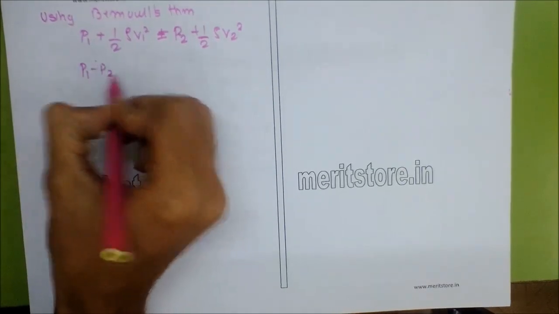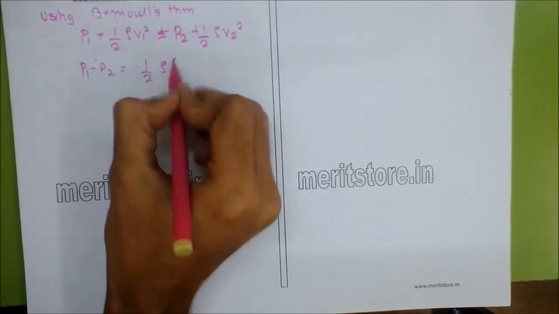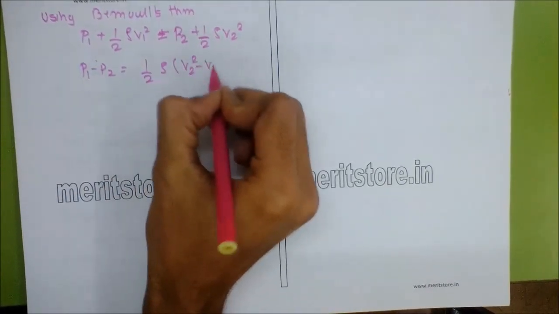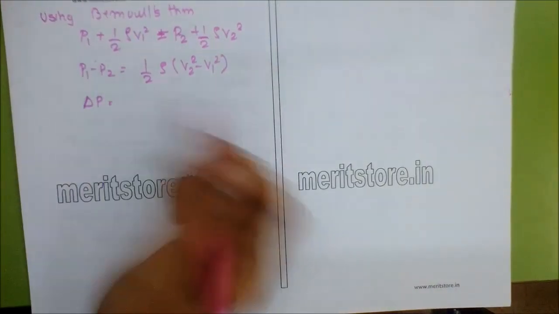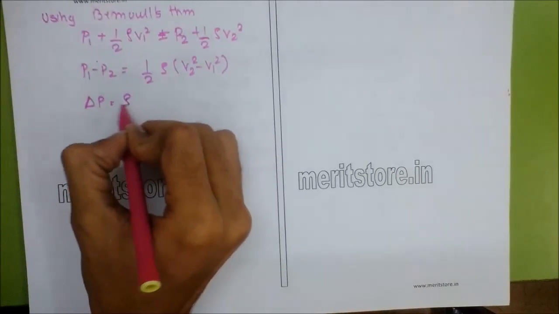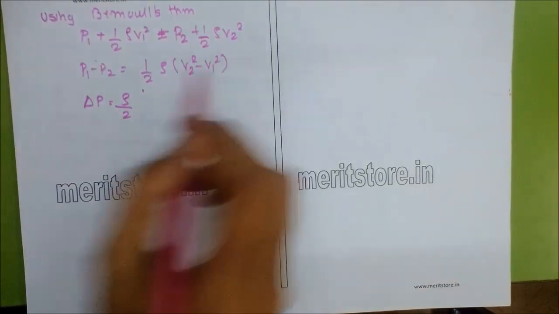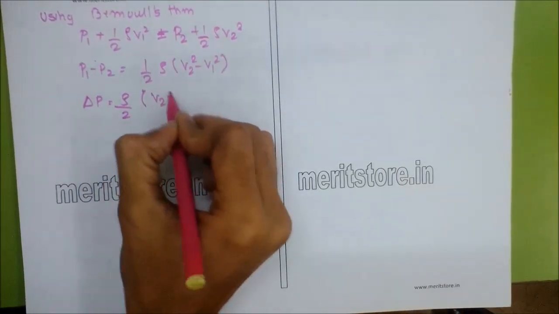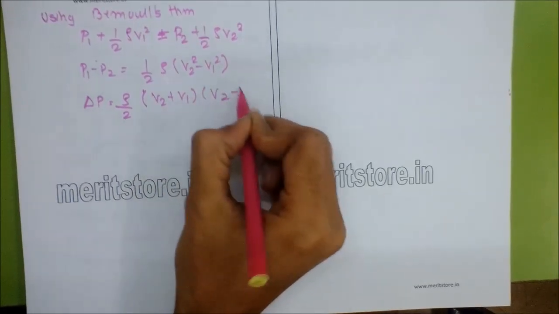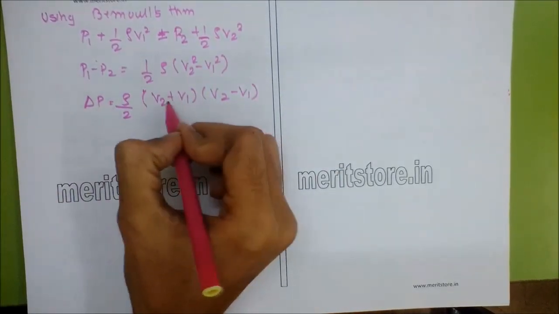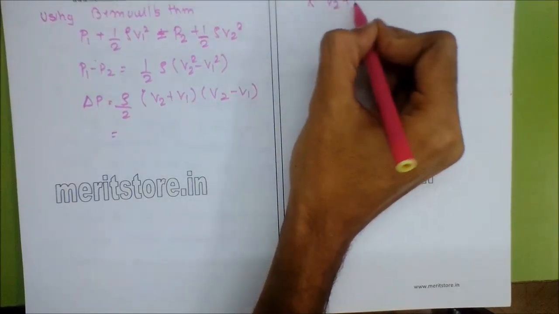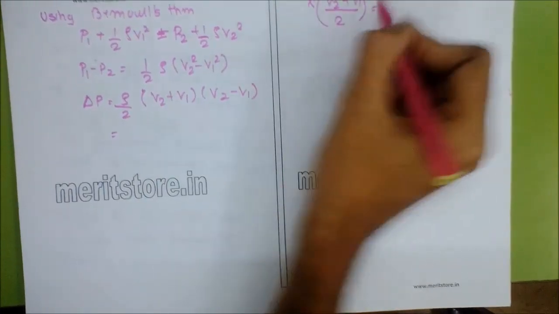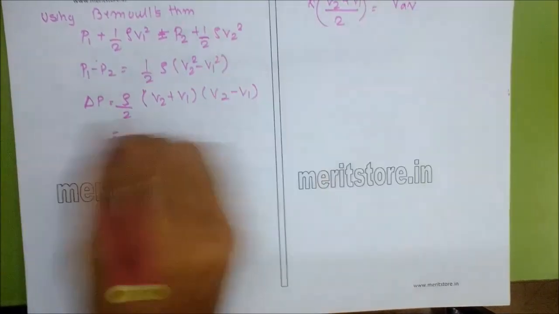So P1 minus P2 equals half rho times V2 square minus V1 square. P1 minus P2 is the change in the pressure, delta P, which is rho upon 2 times a square minus b square, which gives a plus b into a minus b. Here a plus b upon 2, that is V2 plus V1 upon 2, is the average velocity, so we can take it as v.